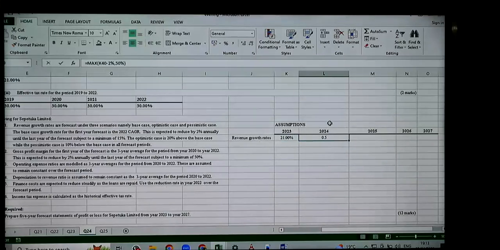Sorry. I'll remove the percentage here. I don't know why. So equals max.